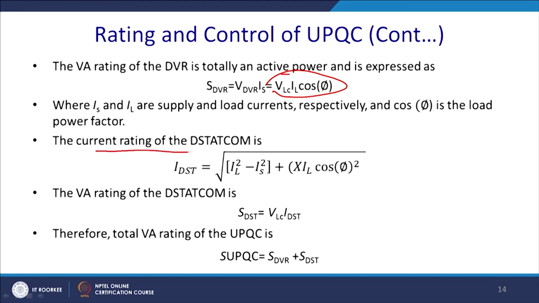The current rating of the D STATCOM will be given by the square root of (IL minus IS) square plus the fraction of this sag compensation, that is (x IL cos phi) square. From there, the VA rating of the D STATCOM is VL into I_C. So, it is a multiplication of this.